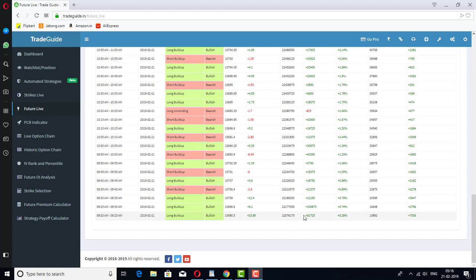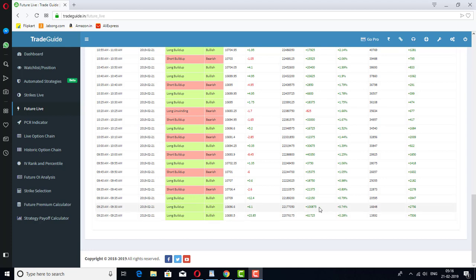Like for the first 5 minutes there has been an increase by this number, and the increase in open interest in percentage terms is 0.028%, and this 0.028% is measured upon this number.